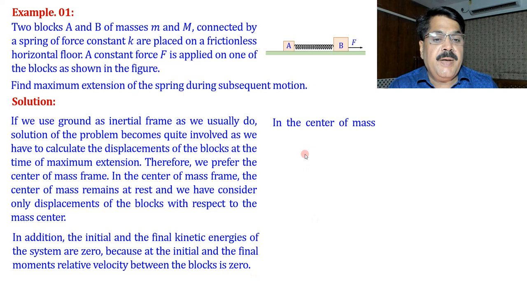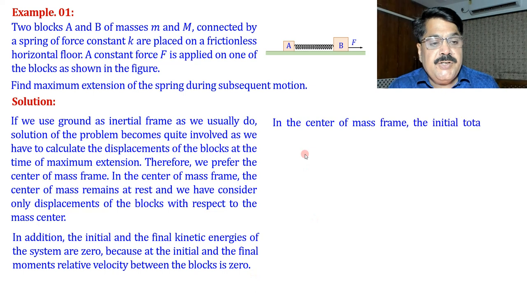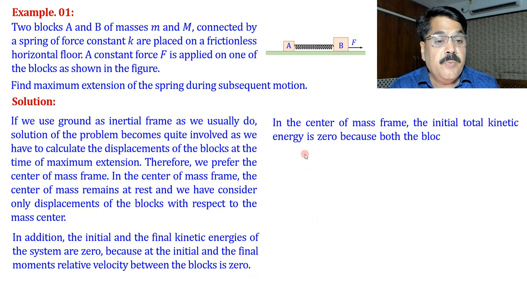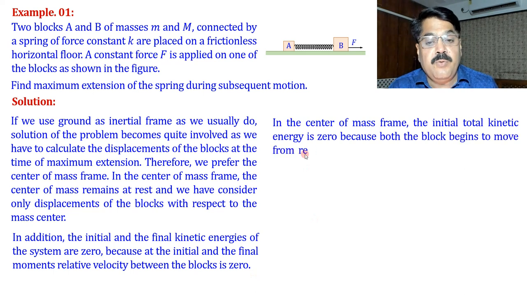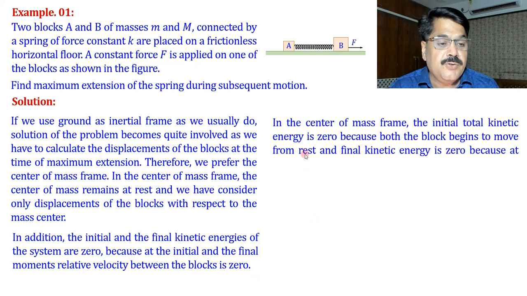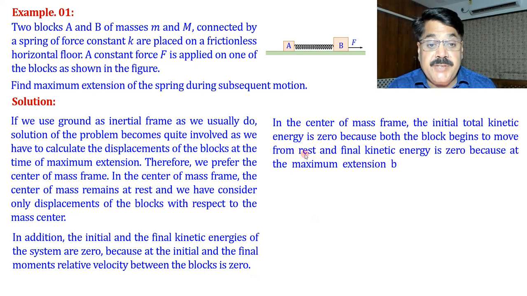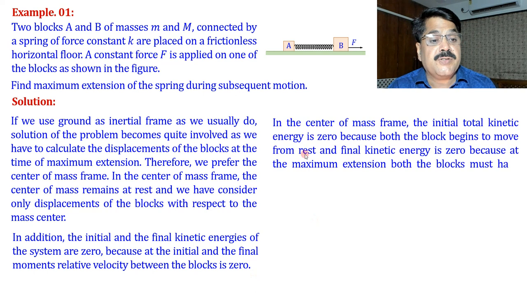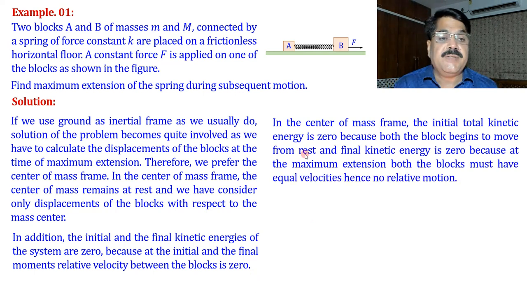In the center of mass frame, the initial total kinetic energy is zero because both the blocks begin to move from rest, and the final kinetic energy is also zero because at the maximum extension both the blocks must have equal velocities in the ground frame, and in the center of mass frame they must be at rest. So again the relative velocity is zero, so in the center of mass frame the total final kinetic energy is also zero, so the change in kinetic energy is zero.